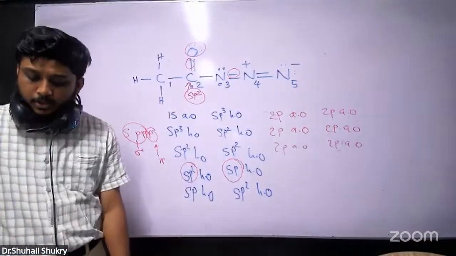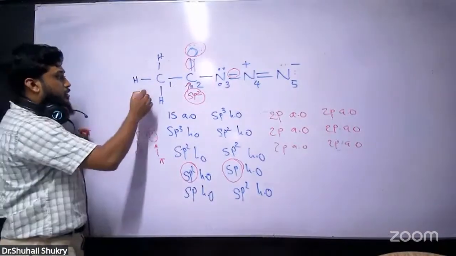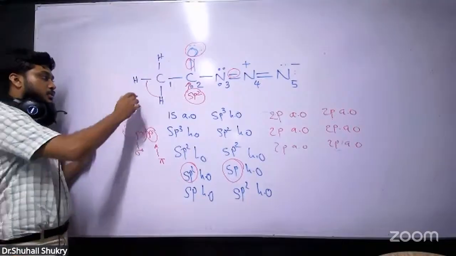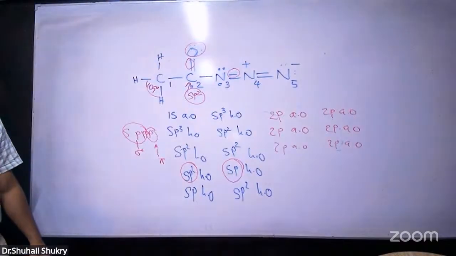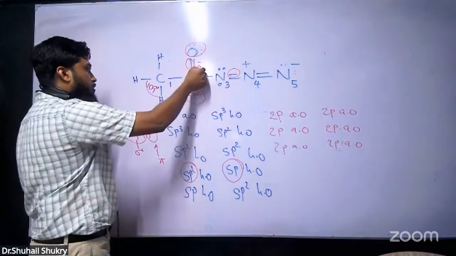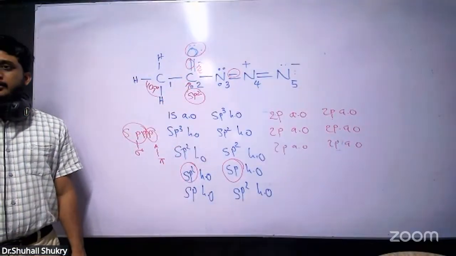Mention the approximate value of the bond angle around the following atoms. C1, what is the bond angle? 109. C2, trigonal plane, what is the bond angle? 120. You can remember these angles.